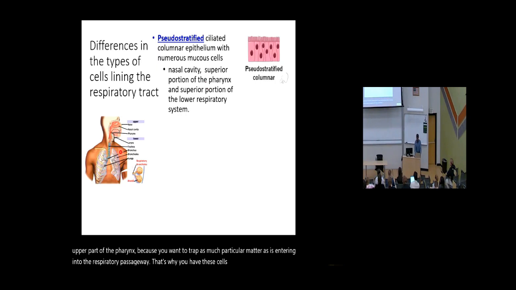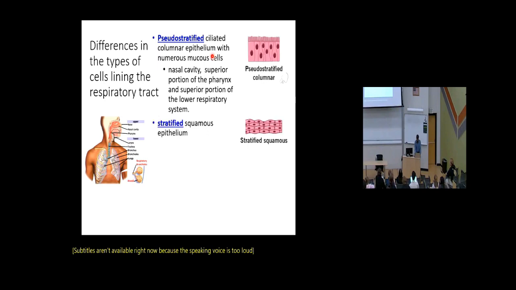But then we see that there's going to be a break in the presence of these kinds of cells, and it will continue in the lower respiratory system. And so the question is, why is there a break, right? Why can't we have this ciliated pseudostratified epithelia throughout the respiratory tract?